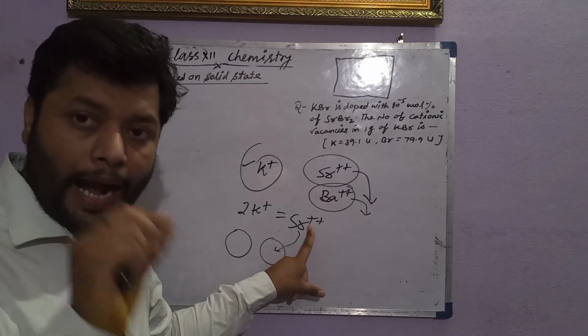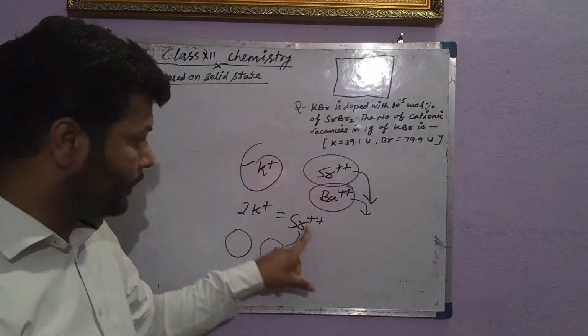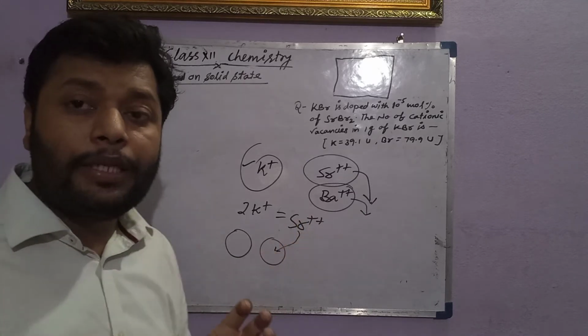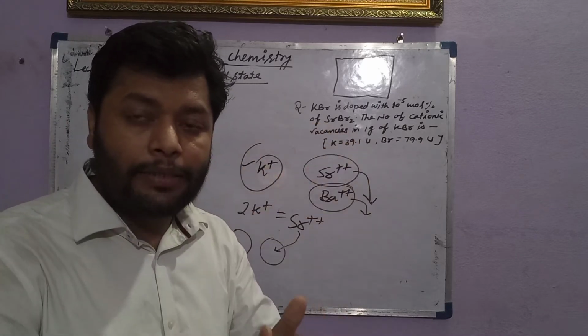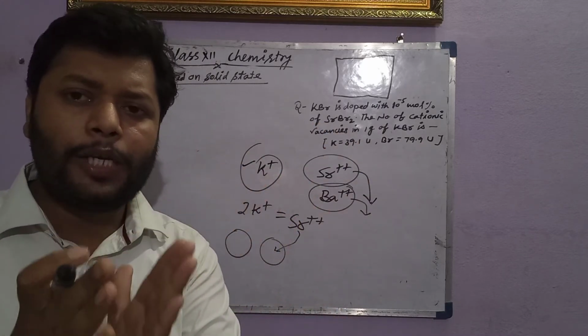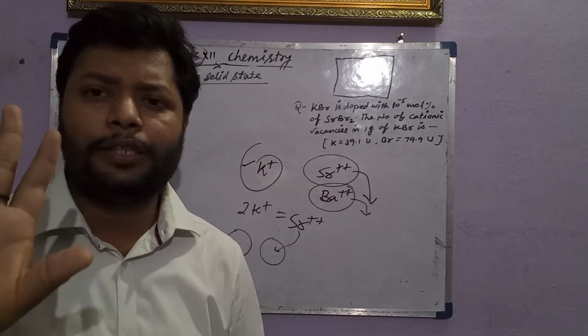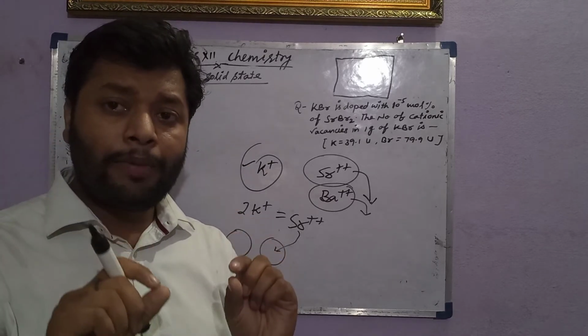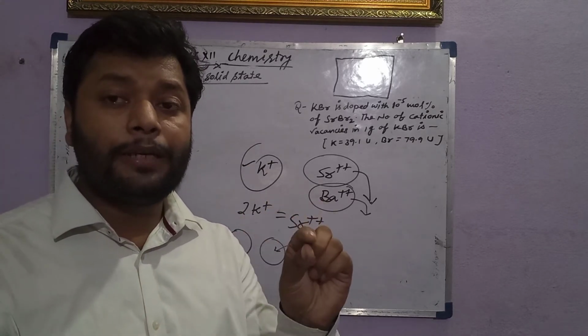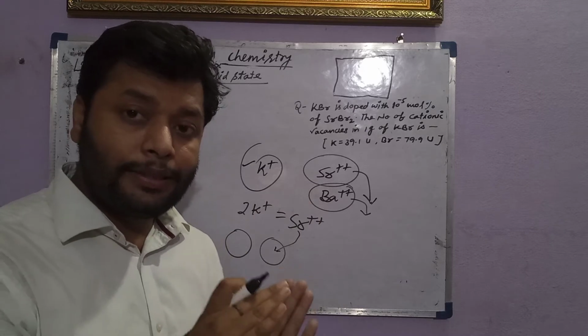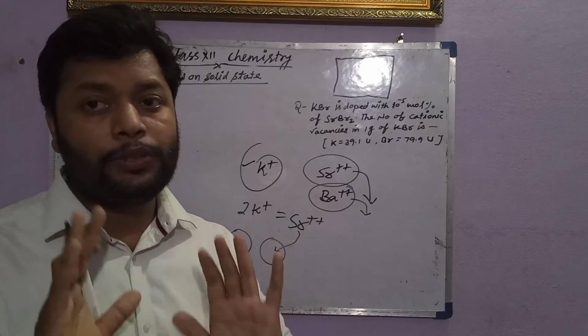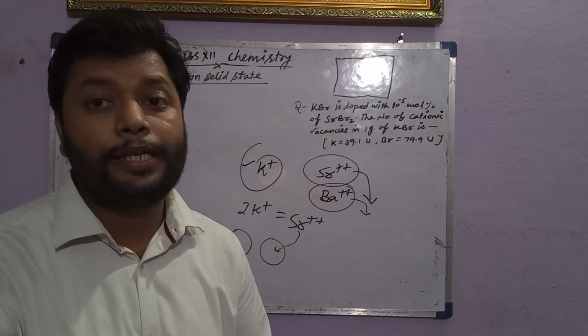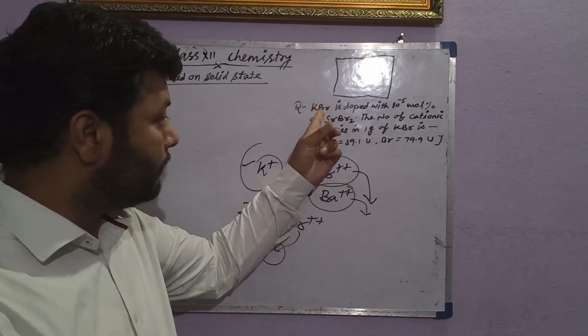One strontium at a time, only 1 vacancy. Whatever the number of strontium or barium added, the same number of cationic vacancies will be created in the crystal.